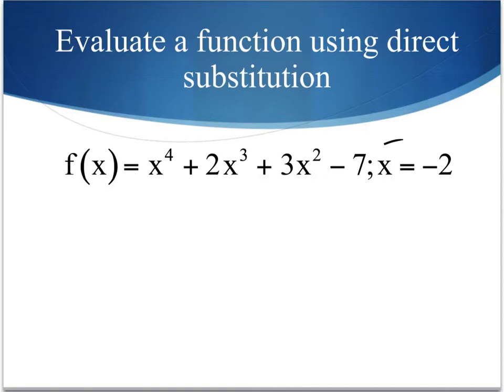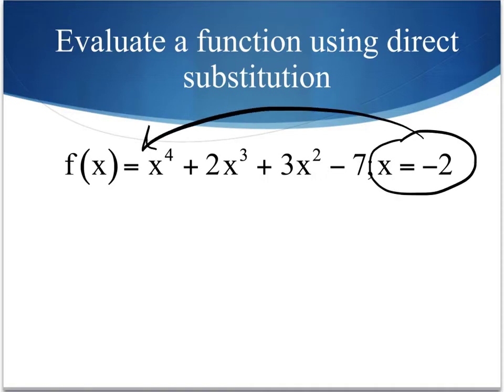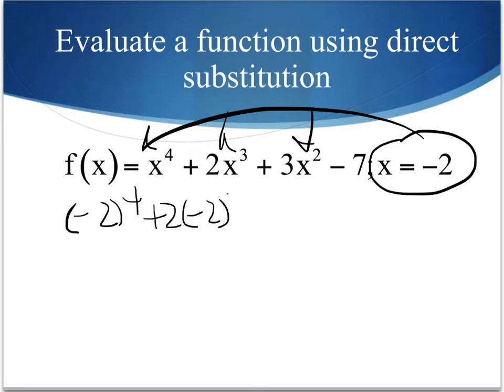Okay, so we plug in negative 2 for x, for all the x's that we see here. We get negative 2 to the 4th power plus 2 times negative 2 to the 3rd power plus 3 times negative 2 squared minus 7. Negative 2 to the 4th power, because this exponent is even, is going to make our number positive, so it is 16.